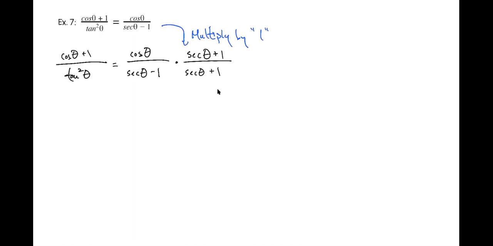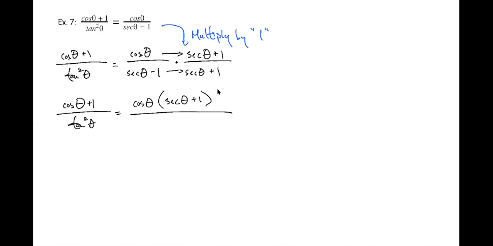And now, since I have 2 fractions on the right-hand side, I'm going to go ahead and multiply straight across. That's going to give me cosine theta plus 1 over tangent squared theta equals cosine theta times secant theta plus 1 over, and I'm going to multiply out the bottom.